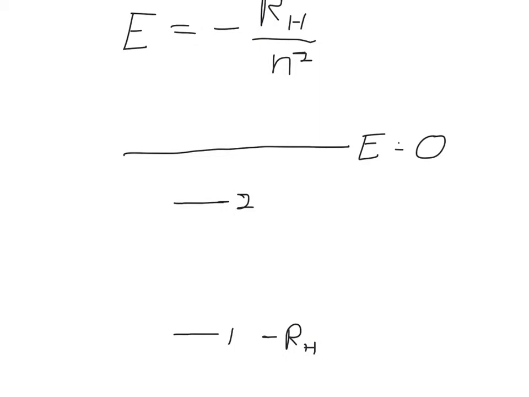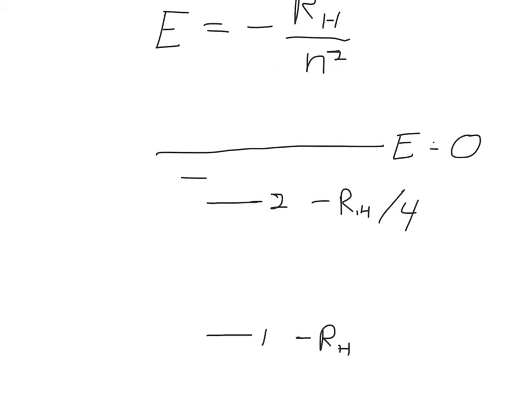Then n equals 3, 4, and they just start piling up in this region. There's an infinite number of energy levels before I get to E equals 0, which represents the electron being removed from the hydrogen atom.